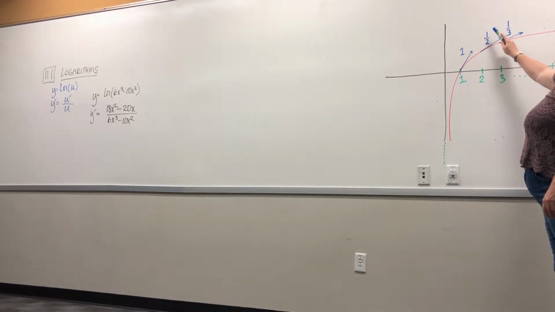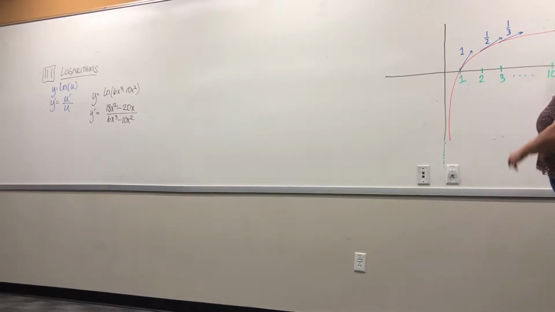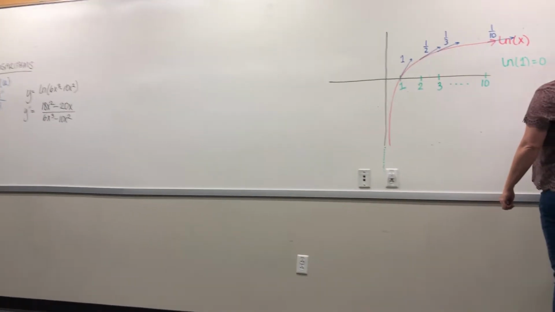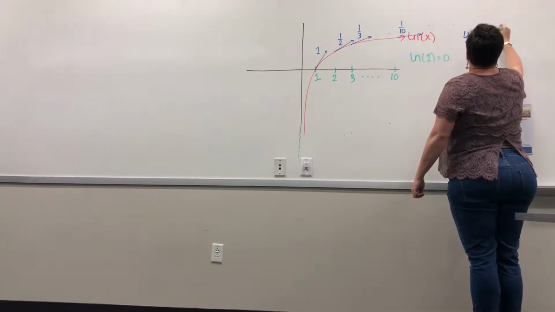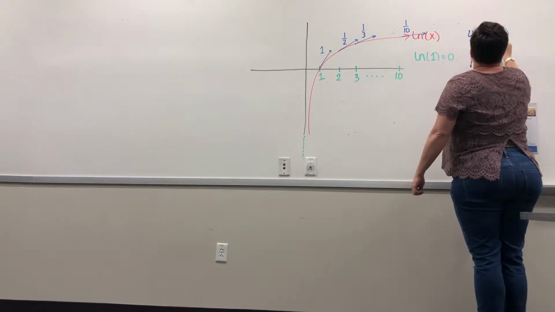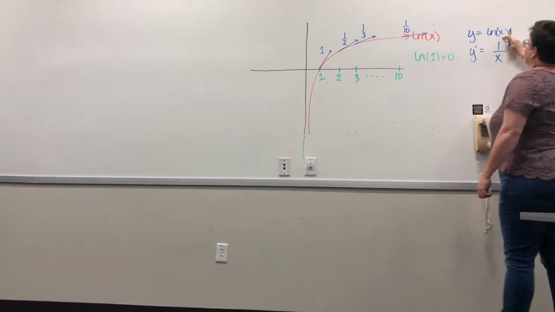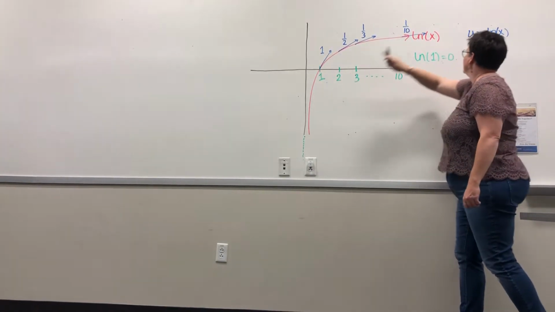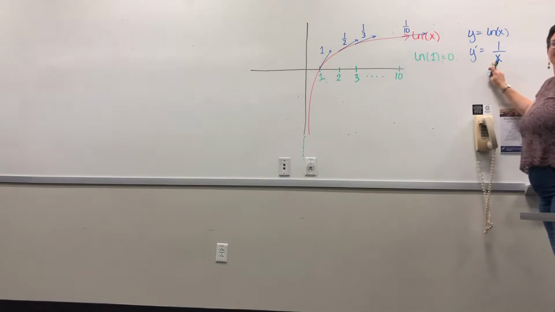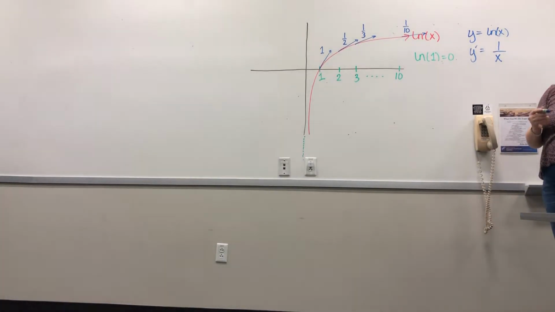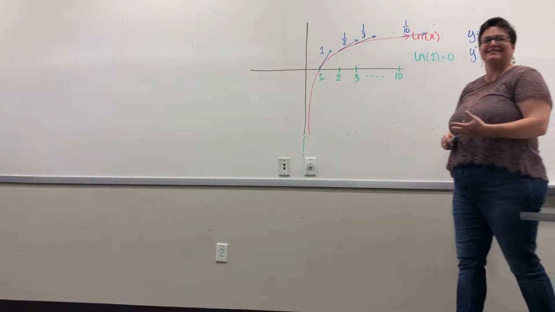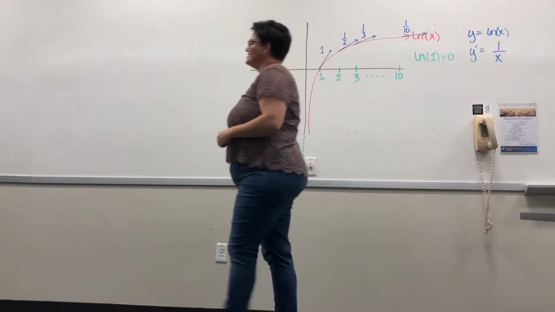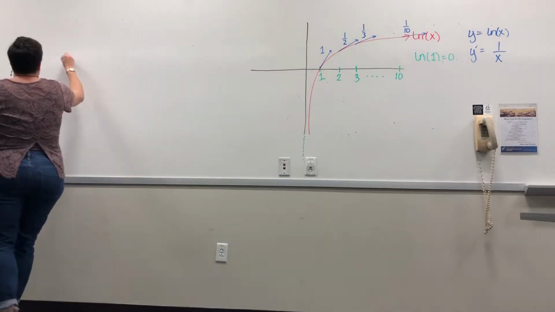So if y equals the natural log of x, then y prime is going to be 1 over x, because the derivative of x is 1. So if x is 2, the slope is 1/2, and it just plugs right in there. Nice as pie. You guys with me? Awesome.